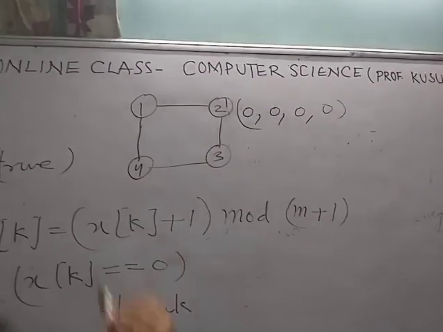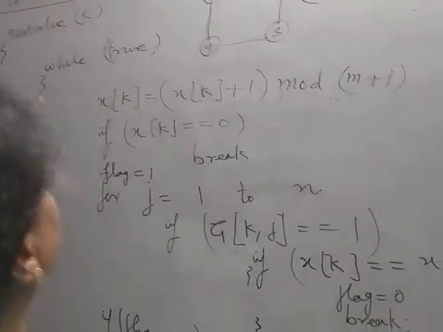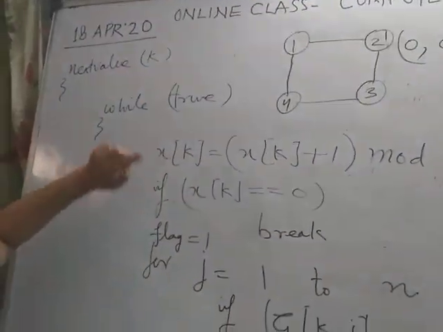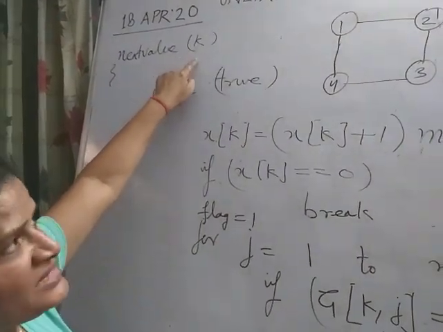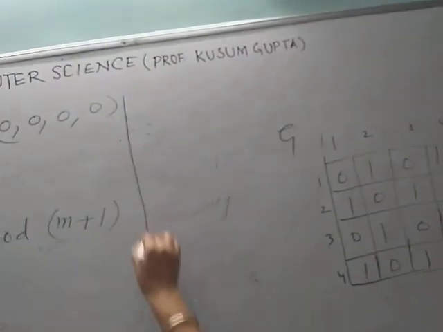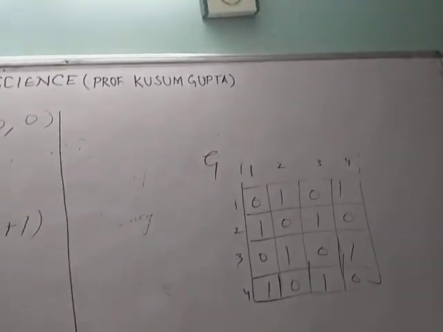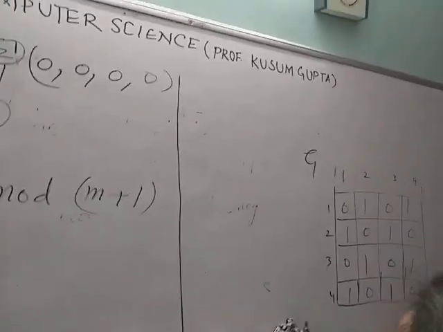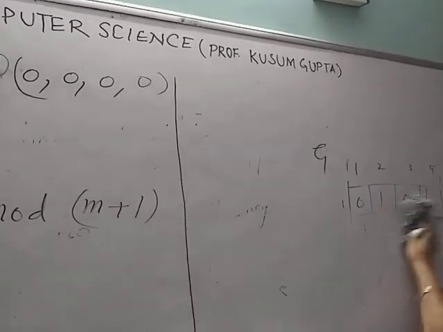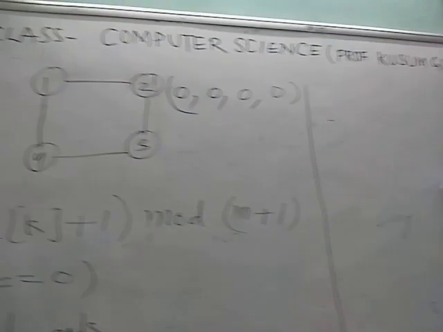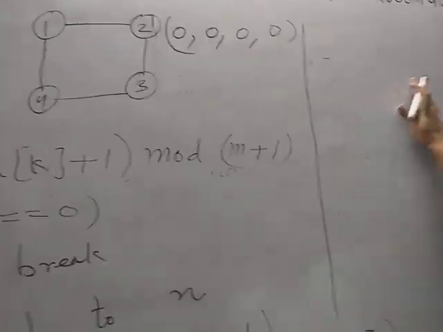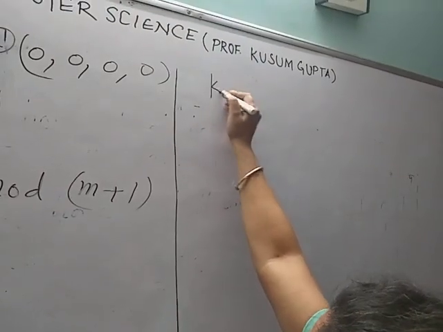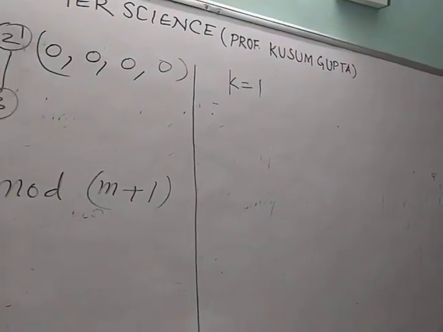So see, next value k. Here it will call for the first vertex, so the value of k is 1. You check adjacency from this graph. So k is 1, while true.